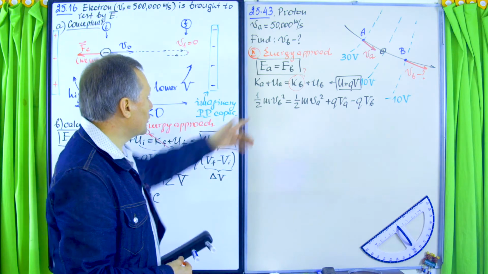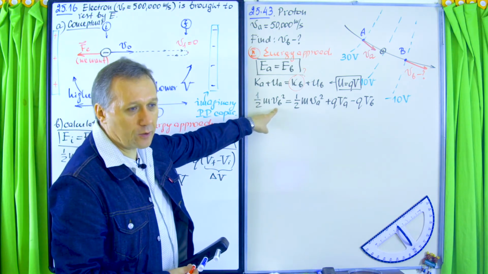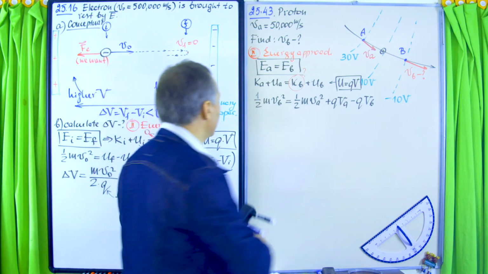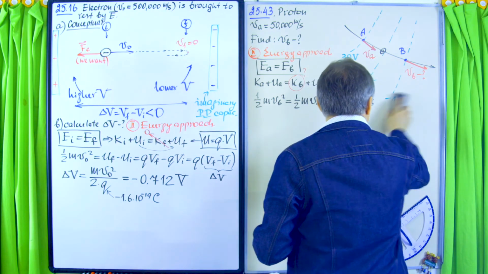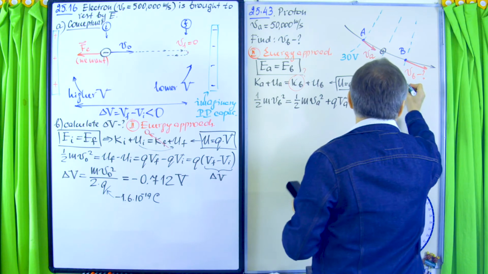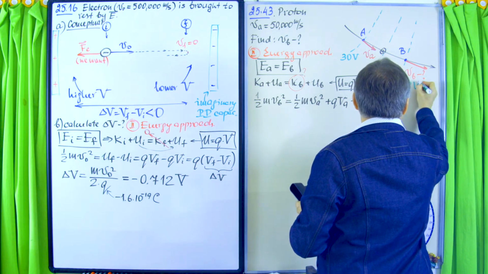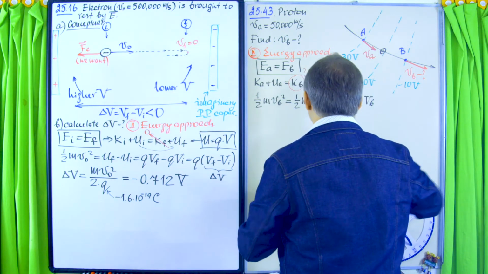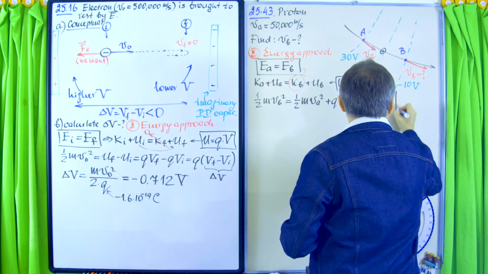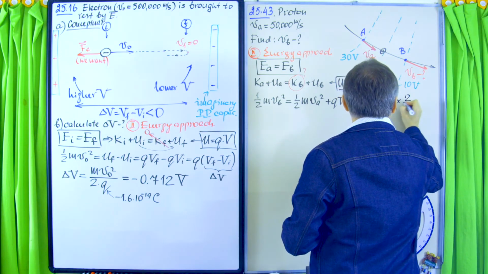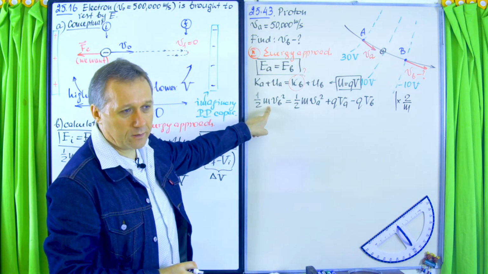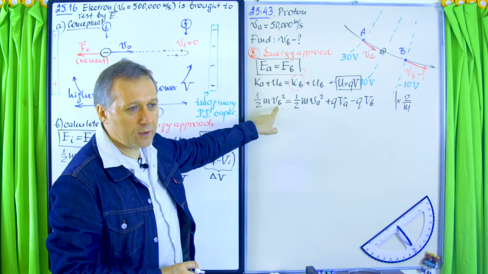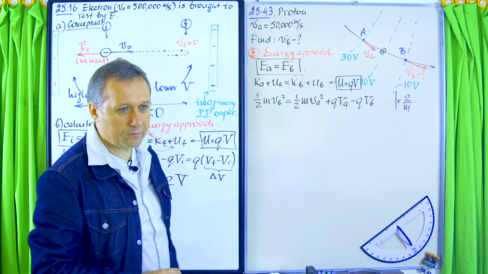All right. Now I just want to clear our unknown from any factors in front. Let me move this information slightly higher, minus 10 volts. I just need to multiply the whole equation by 2 and divide by m in order to clear my unknown from any factors in front.